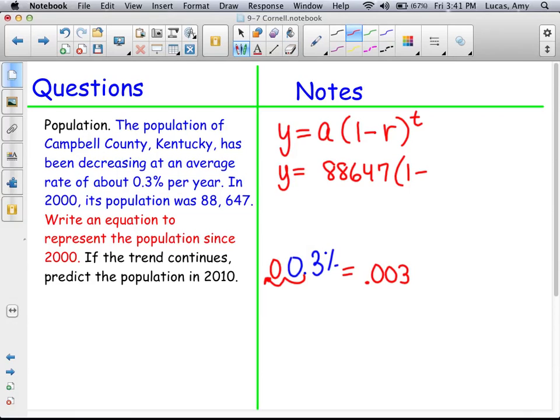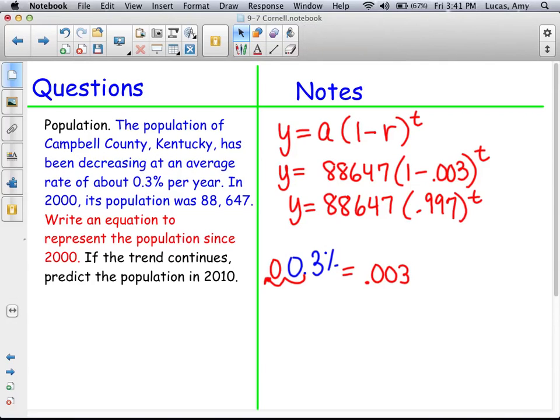So 1 minus 0.003 to the power of t. And if I subtract 1 minus 0.003, I will get my general formula that we could use for any amount of time, and that would be 0.997 to the t power.